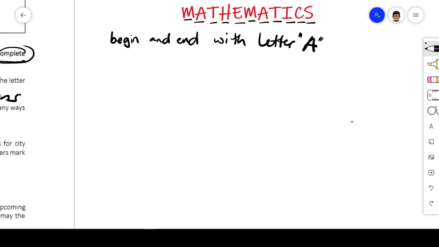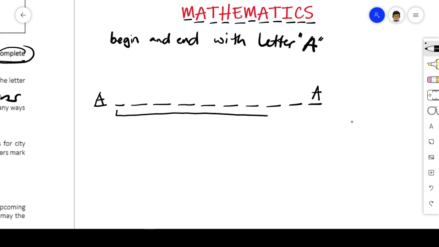Now next, since we have 11 letters, therefore we have 11 positions. According to the given condition, it must begin and end with letter A. Since the first position and the last position are already taken, how many positions are we dealing with now?